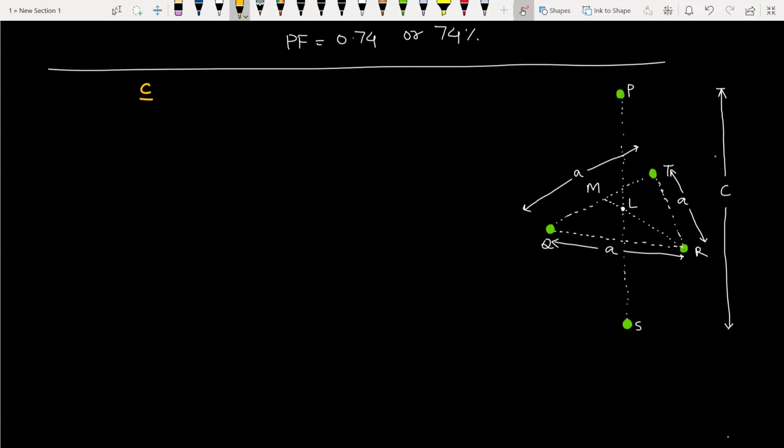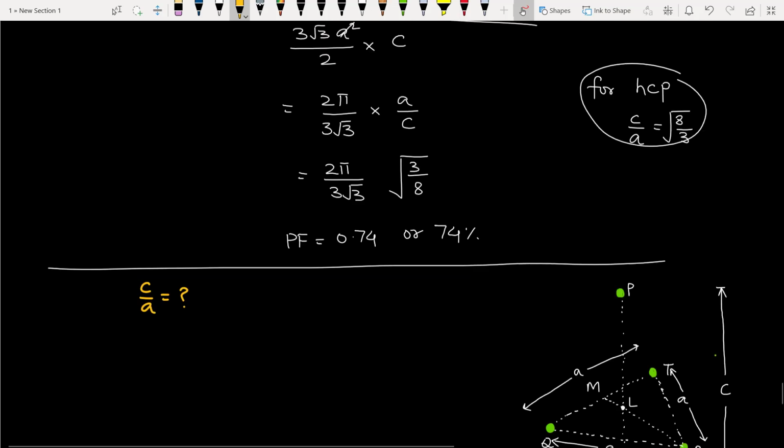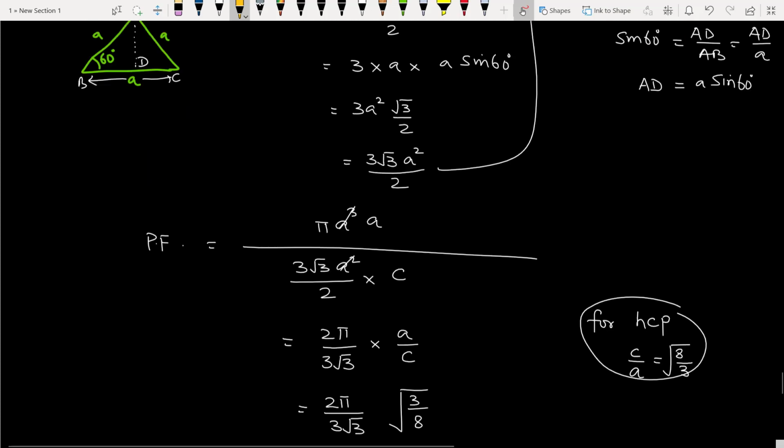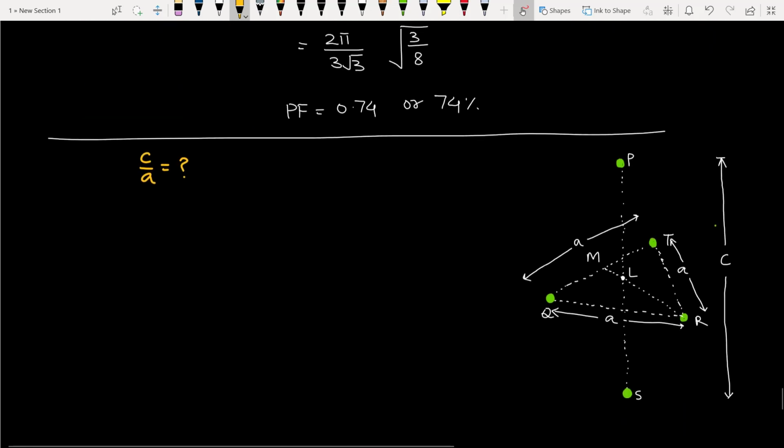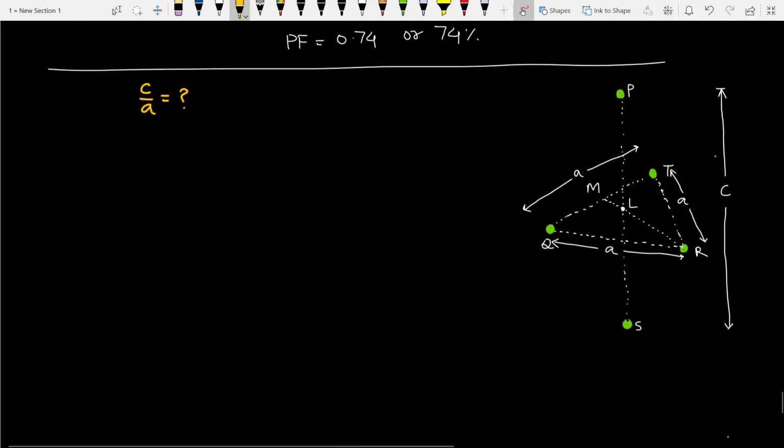C by A ratio for HCP arrangement, and we have drawn this arrangement. 3 atoms in a triangle, they are these blue colored, and this is one top and bottom atoms are designated as P and S. So separation between P and S is the height of the hexagonal array, and this is the edge length of the hexagonal unit cell.